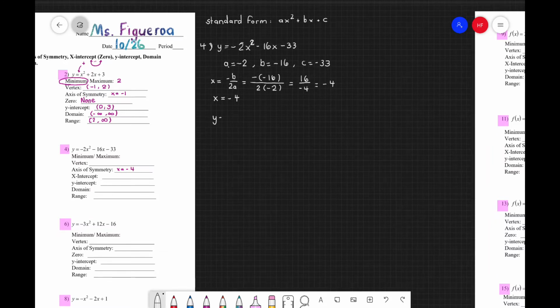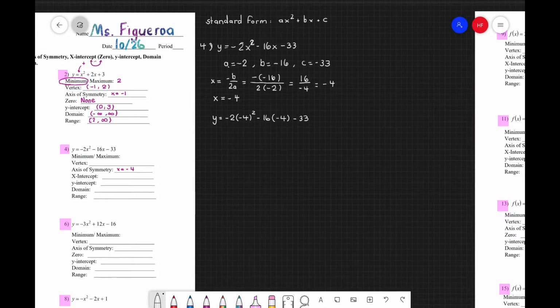So y equals -2 times -4 squared minus 16 times -4 minus 33. So just plugging in that -4 everywhere that I see an x in the original problem. And then I'm just going to work this out.